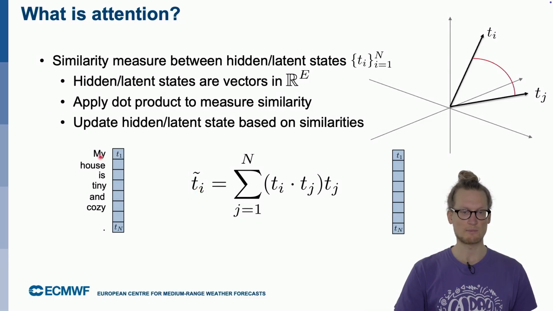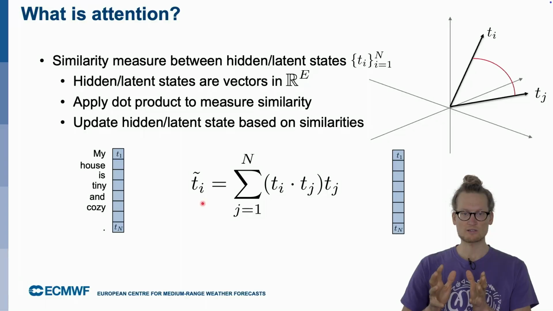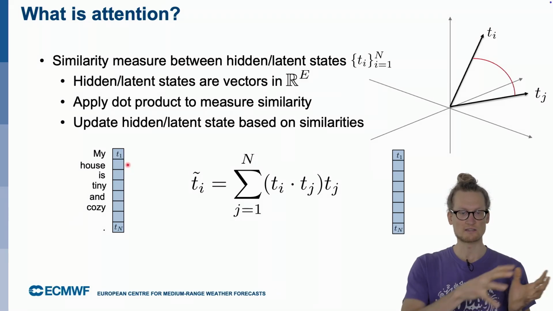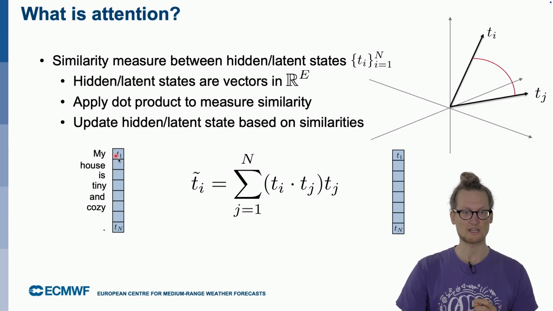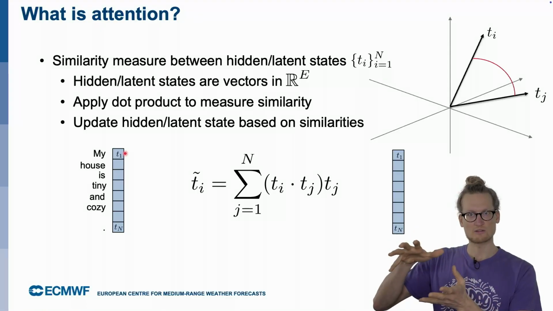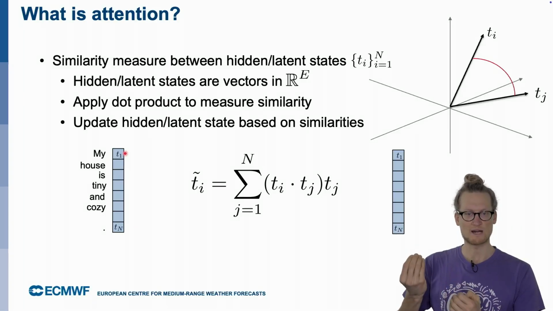We now want to create an updated token t̃_i, which consists not only of information from "my", but from all the other words in that sentence simultaneously. The closer the respective other word is, the more information I want to aggregate into the update of "my", such that it also contains the information of other words that are relevant for it.